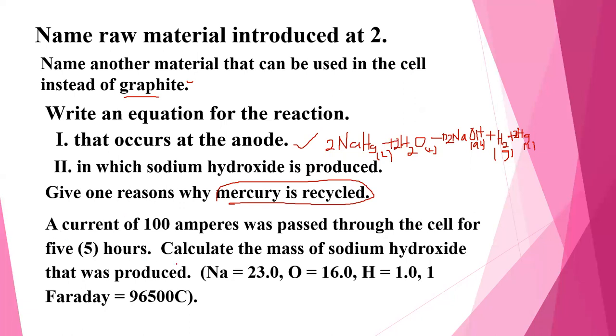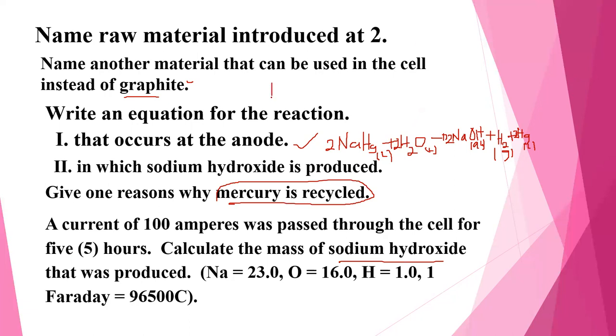Then the last question is: a current of 100 amperes was passed through the cell for 5 hours. Calculate the mass of sodium hydroxide that was produced.